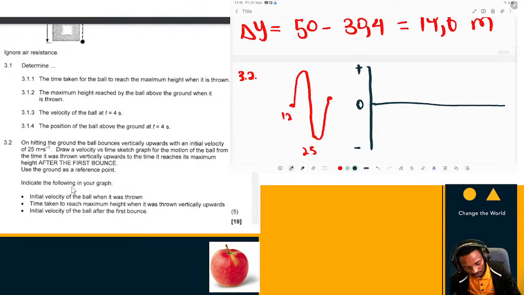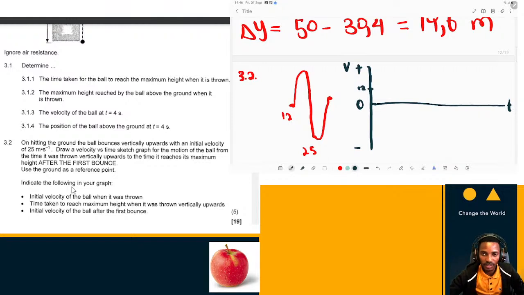On the x-axis we're going to have time, then on the y-axis we're going to have velocity, which is measured in meters per second, and time, which is measured in seconds.